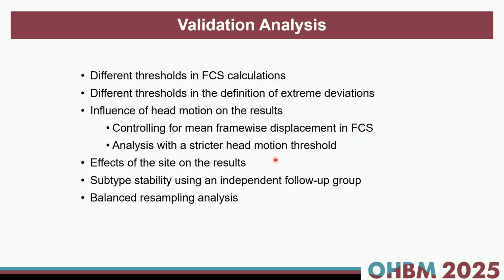And the site effects were assessed by estimating the normative model based on hierarchical Bayesian regression. We also validated the subtype stability using an independent follow-up group. Finally, we performed a balanced resampling analysis to reduce the potential bias caused by uneven sample distribution in the normative model estimation. And we found our findings are very stable.